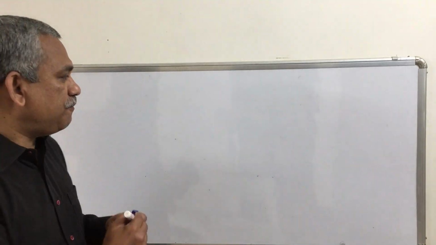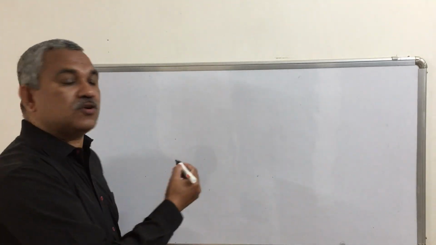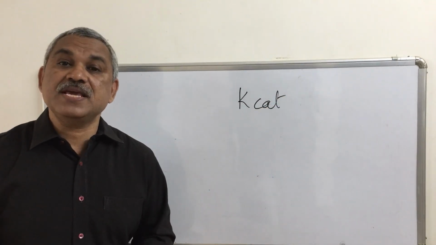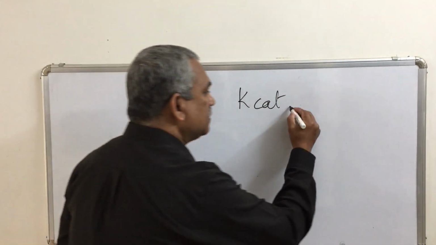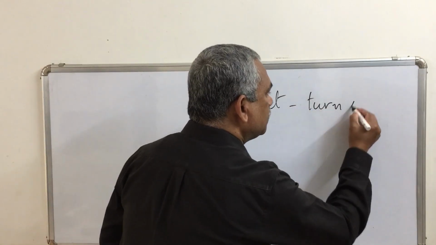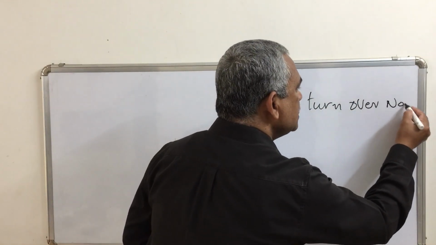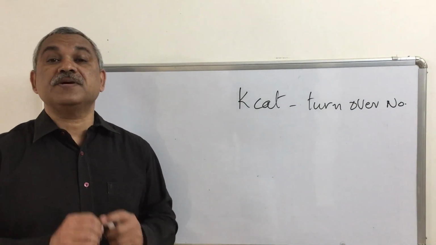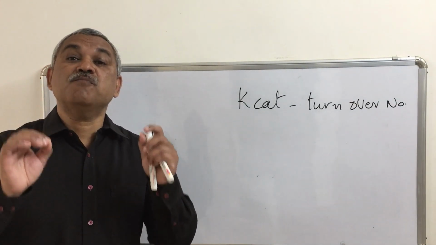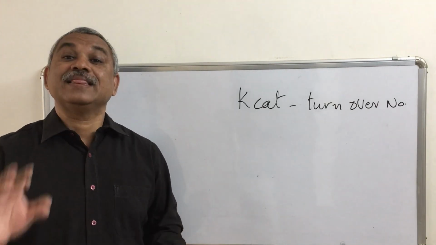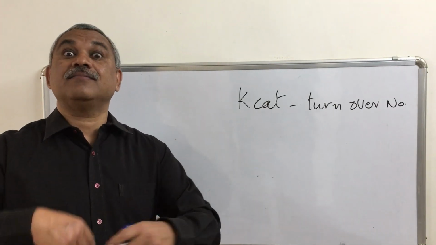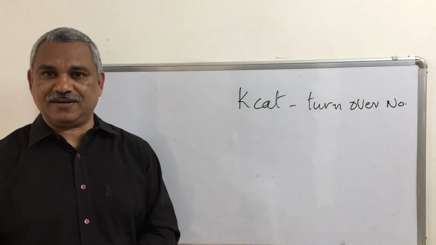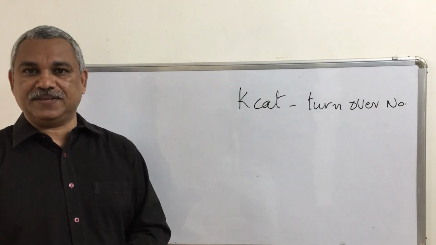The first fact is a concept called K-cat. K-cat means the turnover number. What is the meaning of the turnover number? It is the number of molecules of substrate that can be handled by the enzyme at saturating concentration.